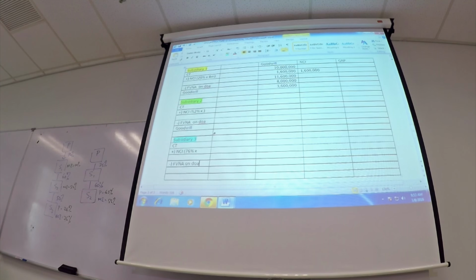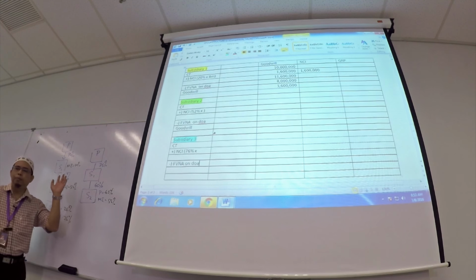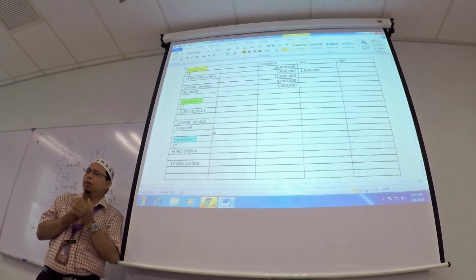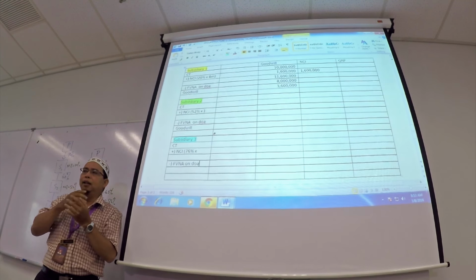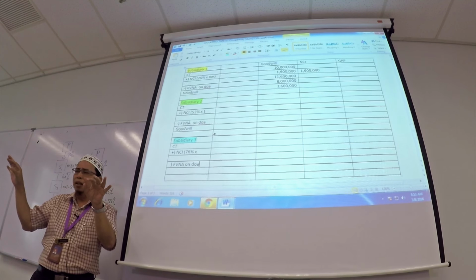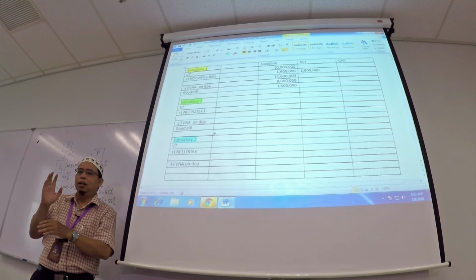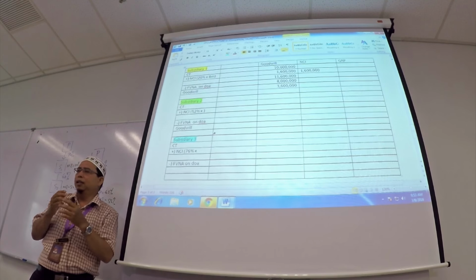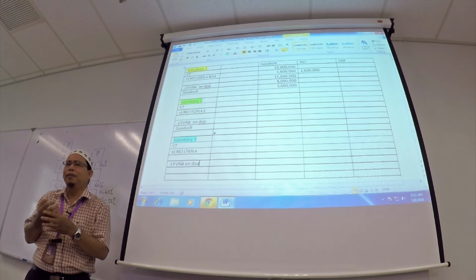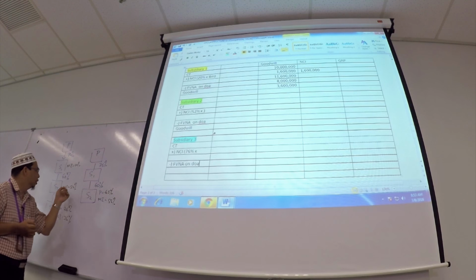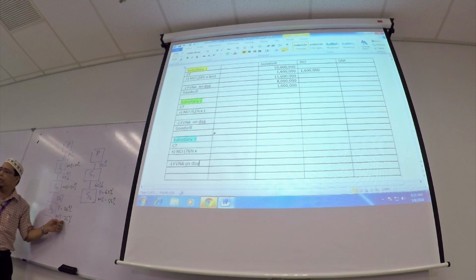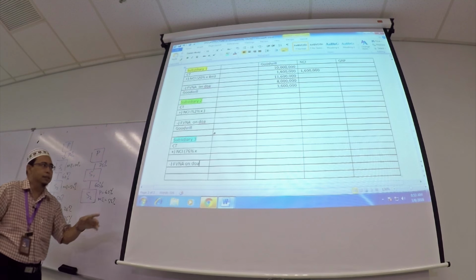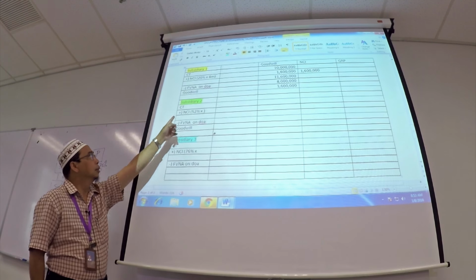Okay, so this is how you prepare your schedule if you have more than one subsidiary, regardless of whether fellow subsidiary or vertical. But for vertical, I think the small challenge that you have is to calculate the NCI, because this percentage, 20%, 52%, 76%, is the number that you insert in the schedule.